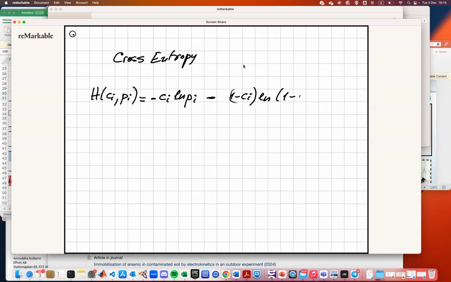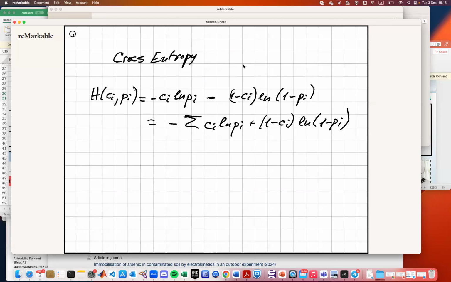It can also be rewritten as minus the sum of Ci ln Pi plus 1 minus Ci ln 1 minus Pi.